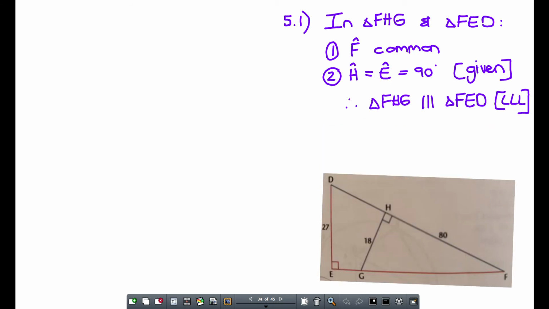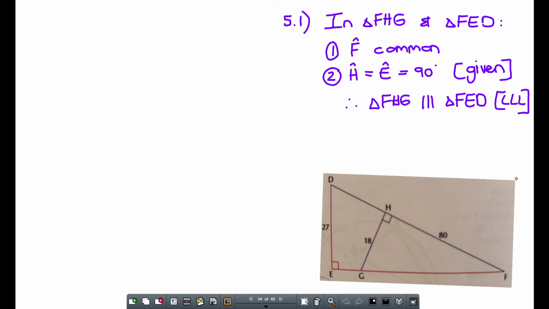Okay. Let's have a quick look at number 5. Number 5 says, they tell you angle E is 90, and then they show which lines are perpendicular to each other. They're giving you sides as well, but we didn't need most of that, because you only did 5.1.